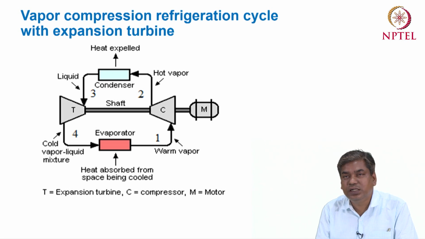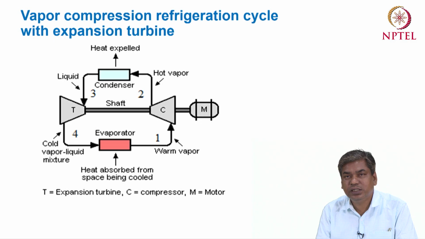So the net work needed for the compressor can be reduced, which will ultimately give an overall performance improvement of the system. And after the expansion process at point 4, the quality of the vapor can be reduced, because this is close to the isentropic expansion process.